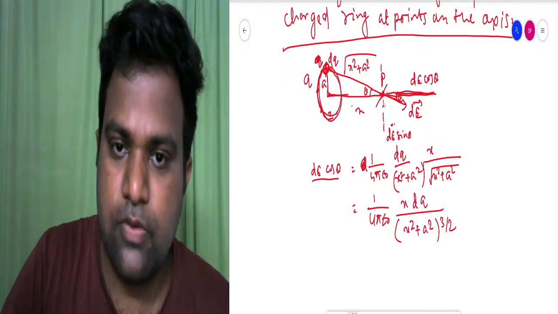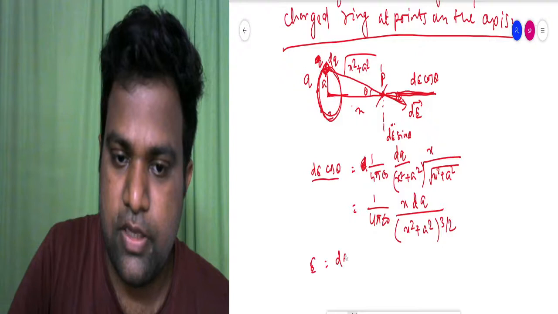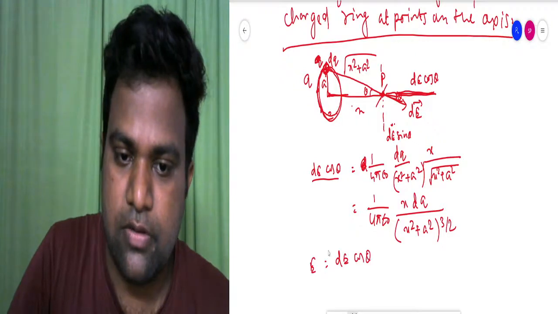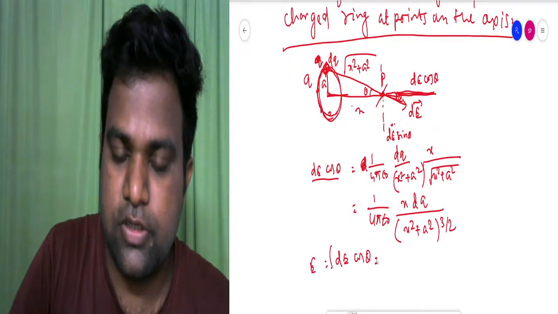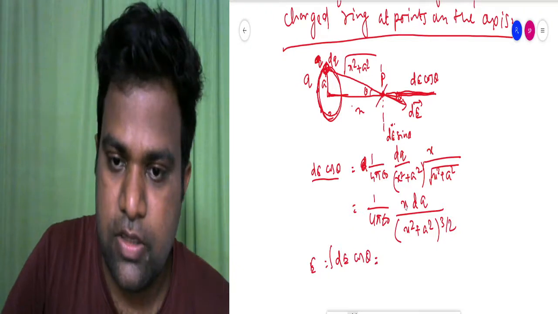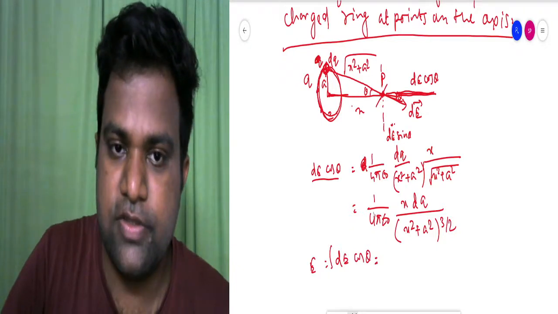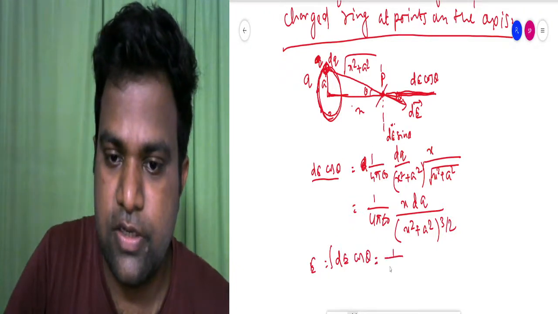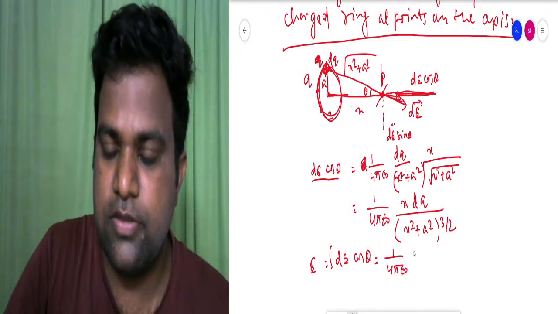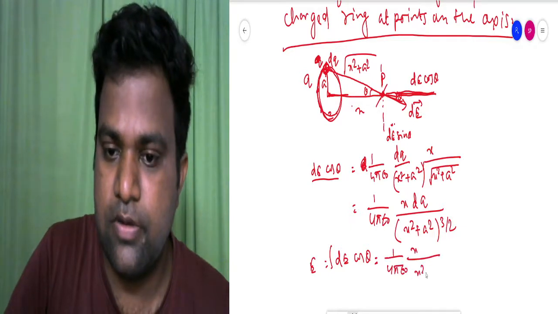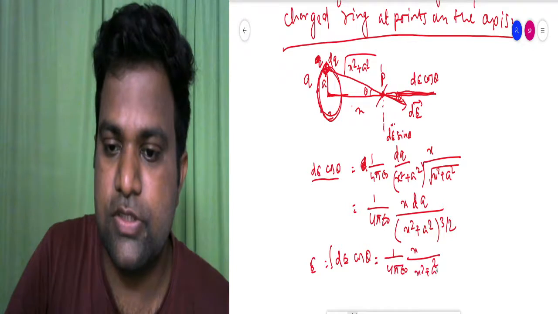Now the total electric field will be the integration of all dE cos theta. Here you can see all the terms x, a squared, everything is constant, so they will come outside: 1 upon 4 pi epsilon naught, x upon x squared plus a squared to the power 3 by 2.